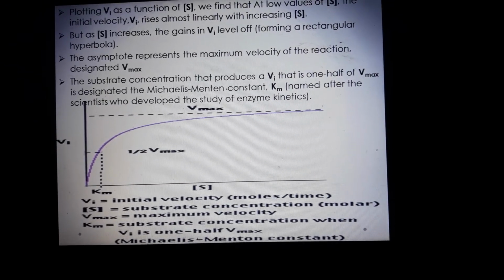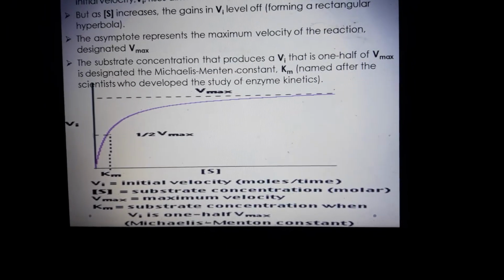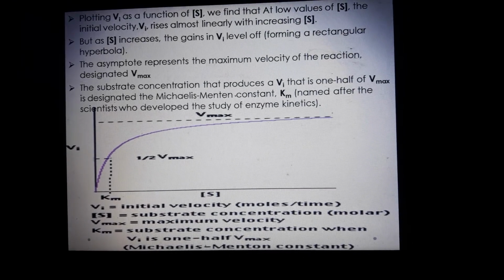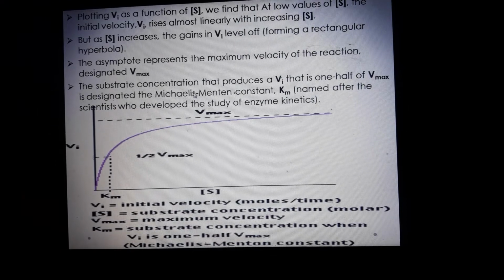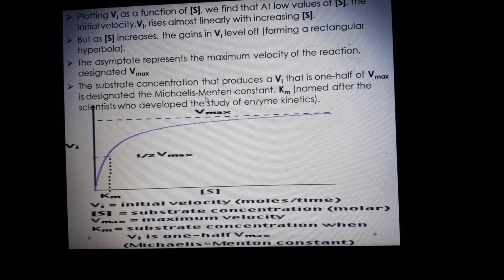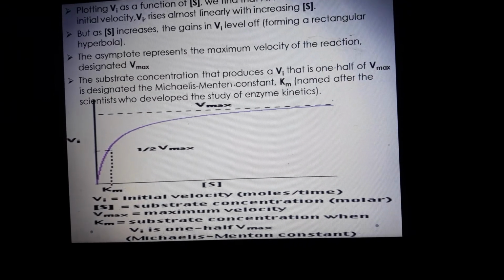Okay? As the enzyme reacts, the velocity goes up, but it still depends on the concentration of the substrate. The substrate concentration that produces a Vi of 1/2 Vmax is designated as the Michaelis-Menten constant, known as Km. So Km corresponds to 1/2 Vmax. The scientists who developed the study of enzyme kinetics are Michaelis and Menten.